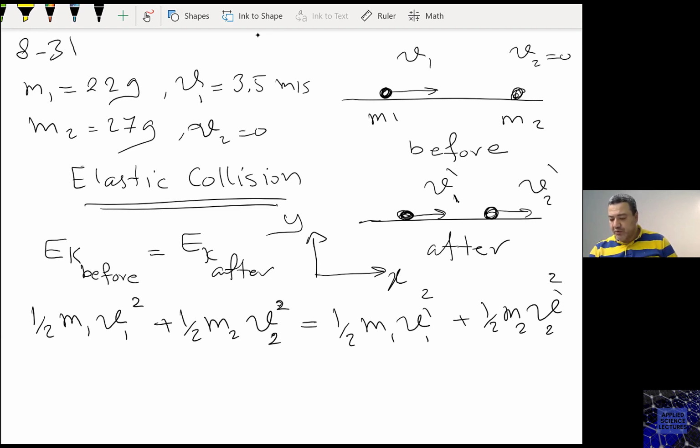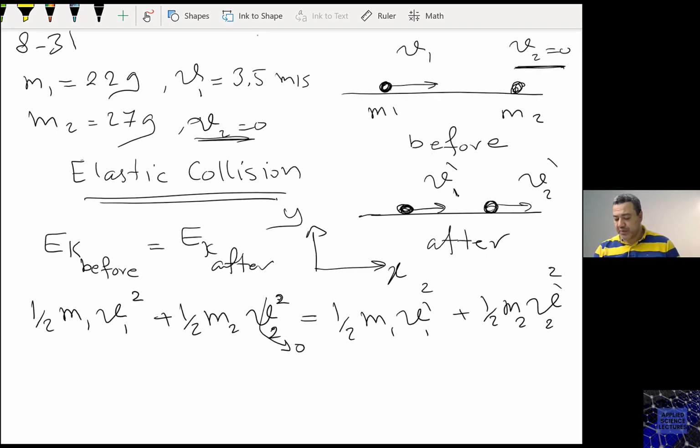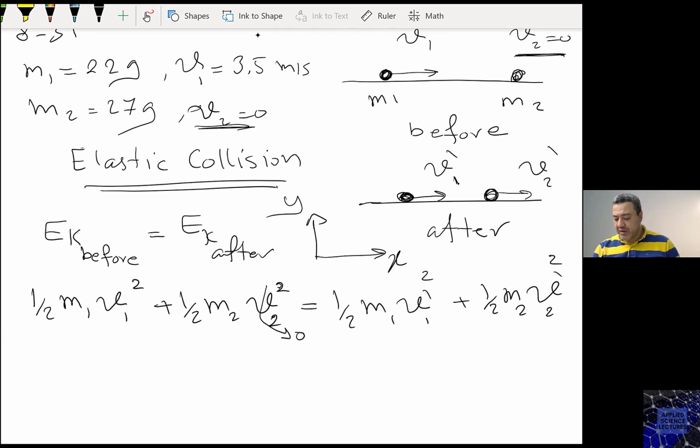Now I know V2 here is 0 because it was stationary, so this whole kinetic energy would be 0. And I can also cancel the halves. So I will end up with M1 V1 squared equals M1 V1 prime squared plus M2 V2 prime squared.